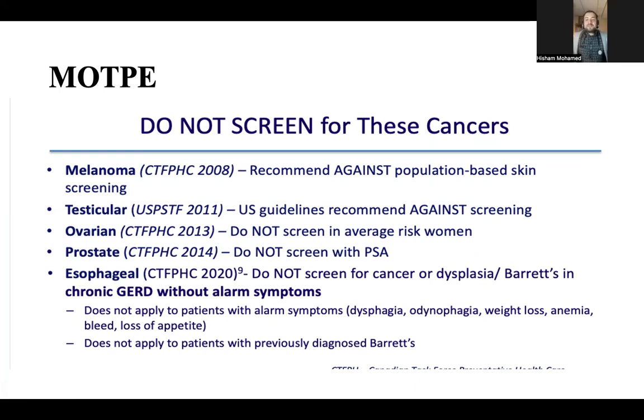So don't screen for gender-specific cancers, except breast cancer, like testicular or prostate in males, or ovarian in females. And don't screen for melanoma. And don't screen for esophageal, except if there are alarm symptoms such as dysphagia, odynophagia, weight loss, anemia, bleeding, or loss of appetite.